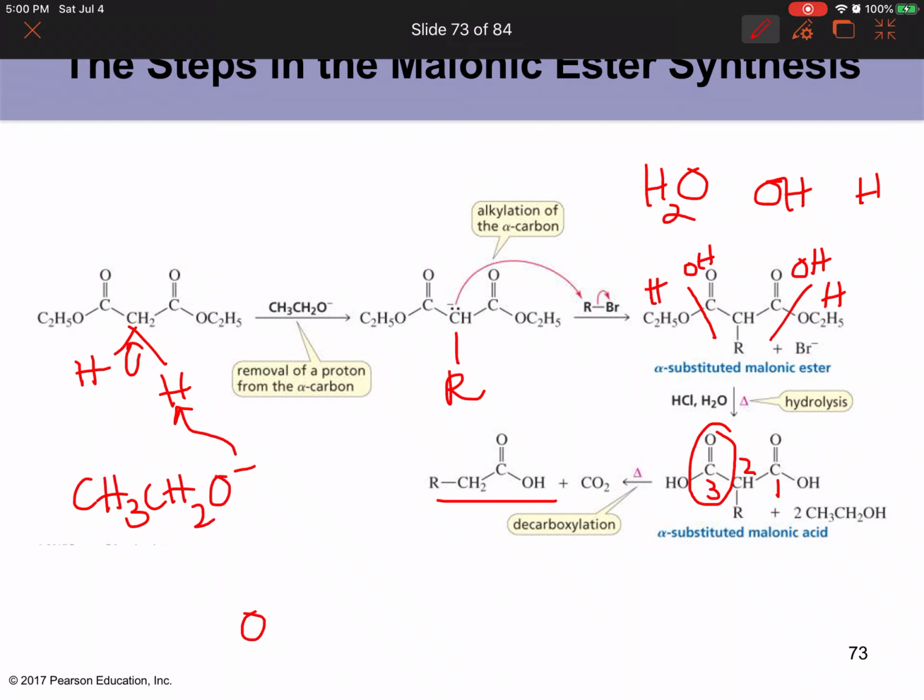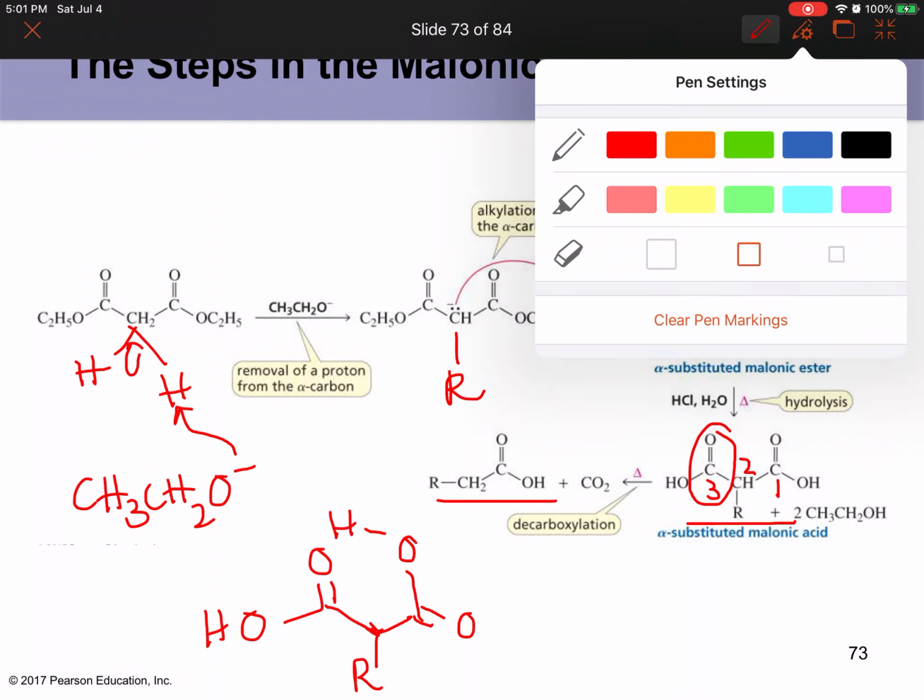I'm going to redraw this molecule over here: OH, CO, CH, you have an alkyl group there, and then you have a carbonyl group, oxygen, hydrogen. It's the same molecule. I redrew it so I can show you.